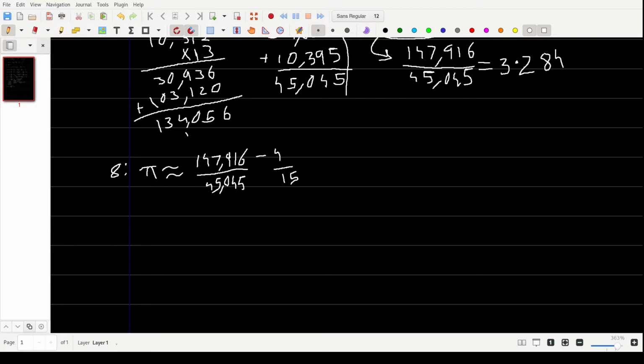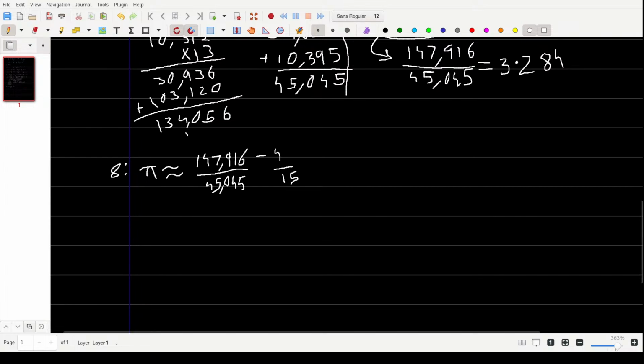So we can take out 15 in general. 45 over 15 is just 3. So this is going to be reduced down to 3003, I think.